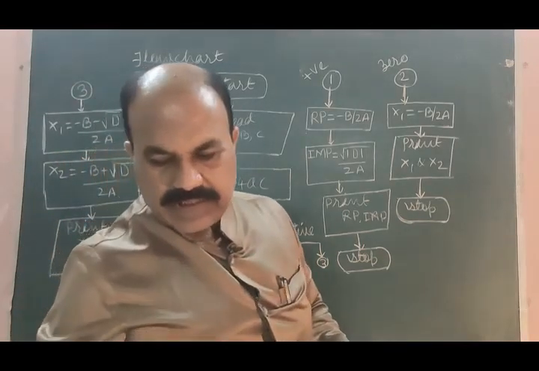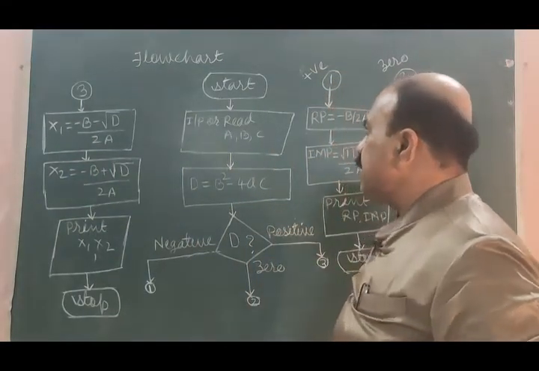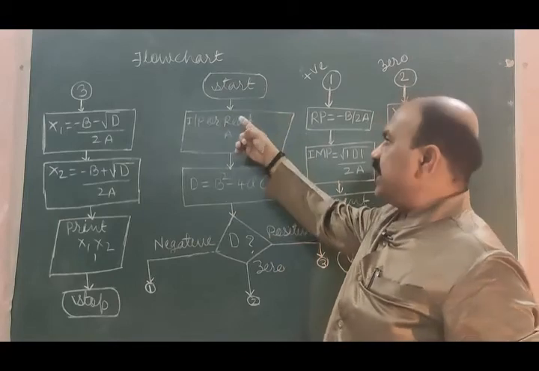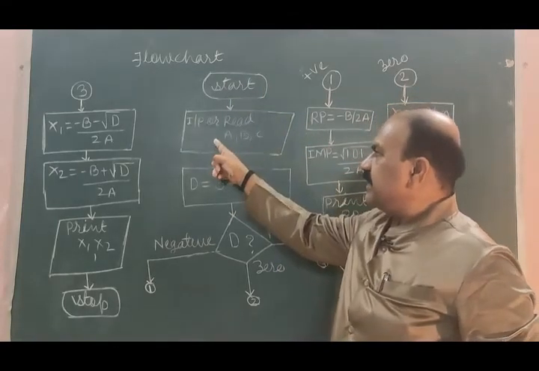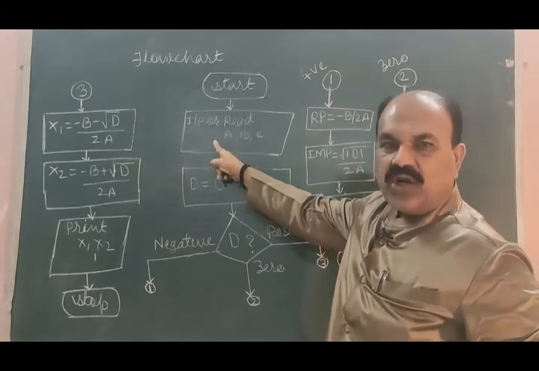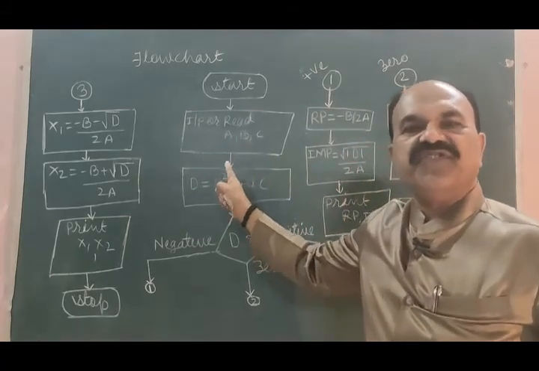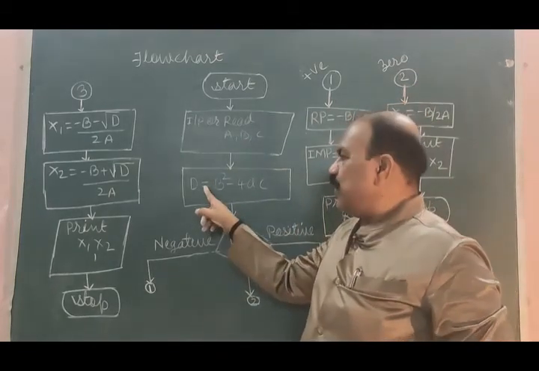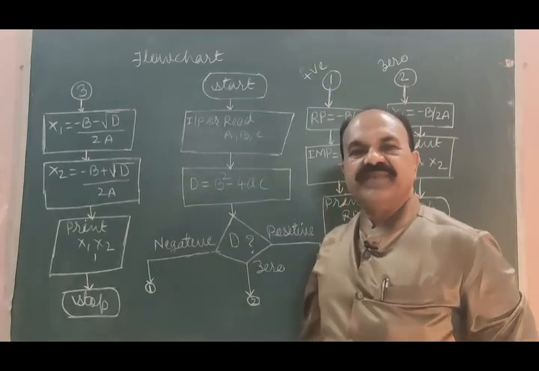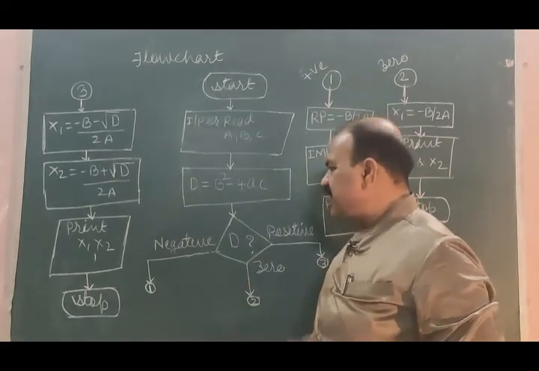So let me once tell you. We have started the flow chart from beginning. Then in the parallelogram we have inputted or read the coefficient A, B, C. Then in the rectangle we calculated the discriminant D as B square minus 4AC.